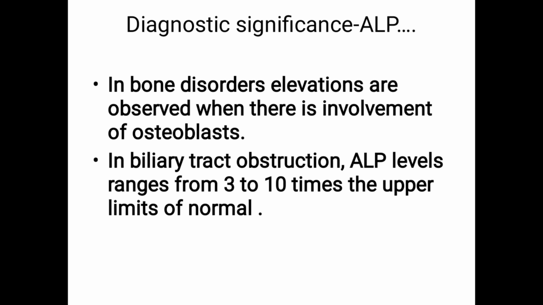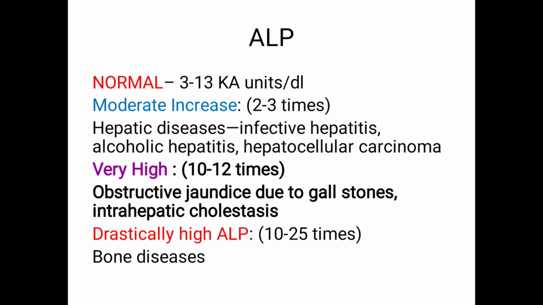In biliary tract obstruction, you see the common bile duct formed by the cystic duct, where there is flow of bile synthesized from liver cells. If there is any obstruction in the biliary tract, ALP levels range from 3 to 10 times the upper limit of normal. So in obstructive jaundice, there is an obstruction in bile flow, so there is an increase in ALP levels.